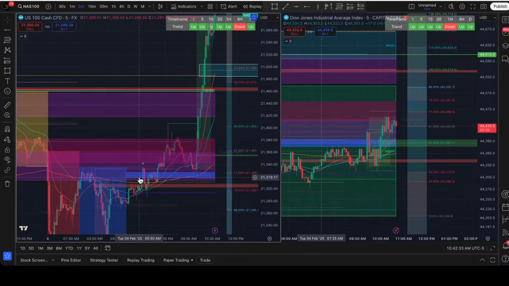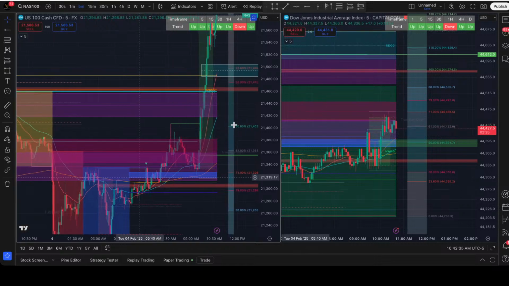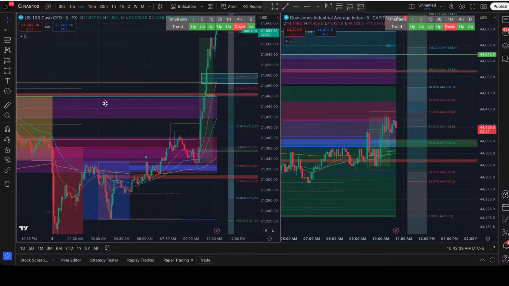So in the purple zone, that magenta color that you see right there, that's the strongest of the purple zones. We got a regular purple zone here. Same thing here. The market bounced, came back down to the blue zone, got over the purple, and then continued up.